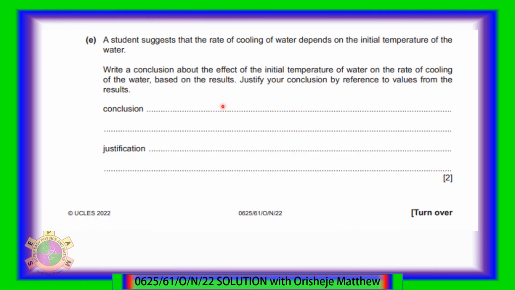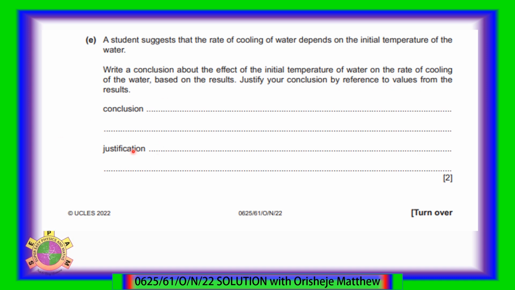A student suggests that the rate of cooling of water depends on the initial temperature of the water. Write a conclusion about the effect of initial temperature of water on the rate of cooling of water, and justify your conclusion by reference to values from your results. So this is a question that has to do with justification.